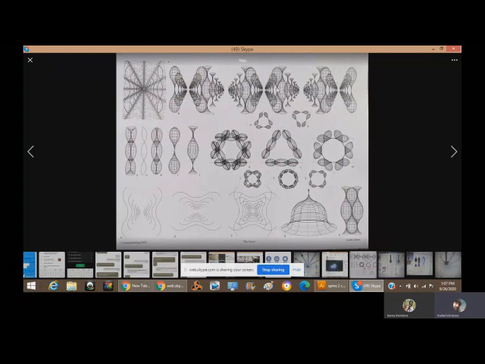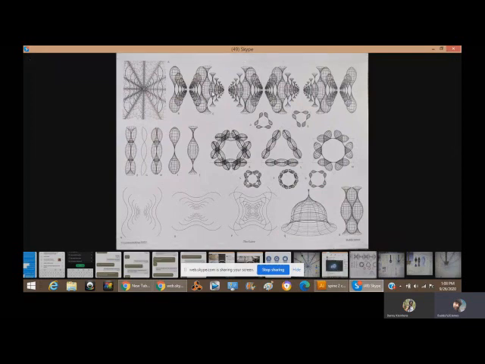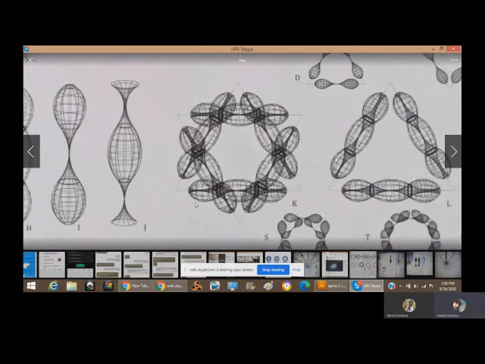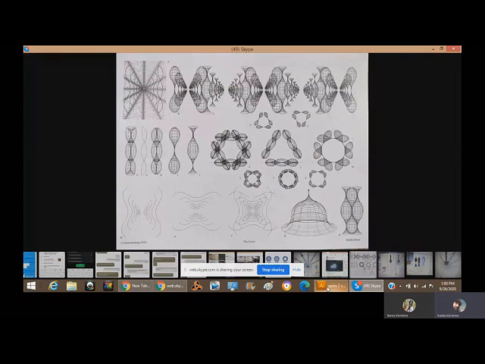So you can see naturally these look like butterflies at the top when the fields are put next to each other. The constructive and destructive wave fields, or the positive and negative wave fields. Then you can come down and see that I wrote that. I guess this isn't even the best way to look at it.